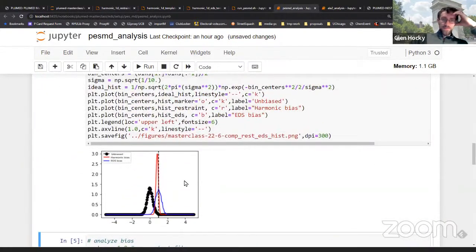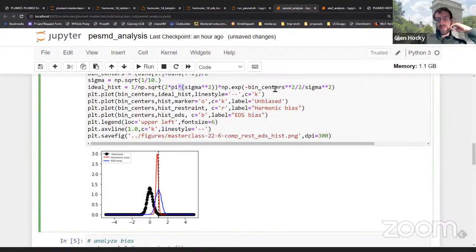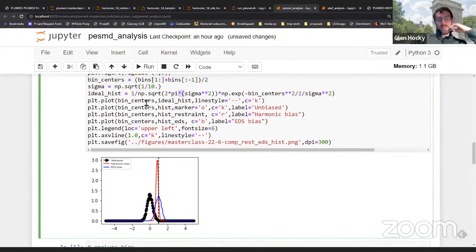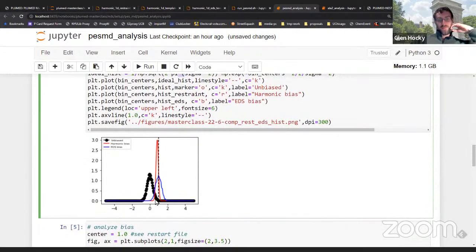If you histogram the results, the unbiased one you'll see is a nice Gaussian centered at 0. And I also plotted, and asked people to plot, the ideal histogram, which is a Gaussian with standard deviation the square root of kT over kappa, it turns out, and that fits perfectly.